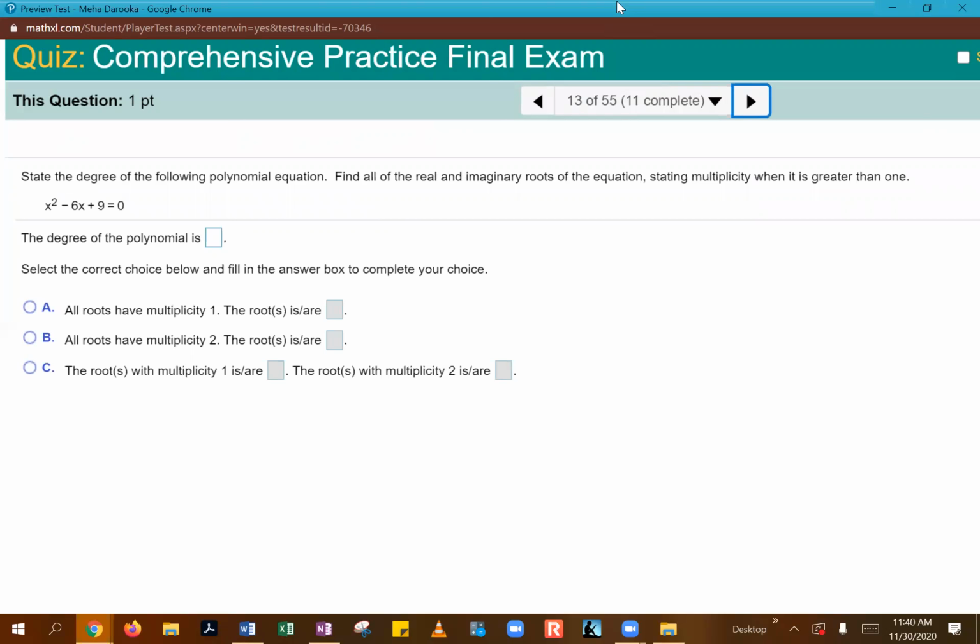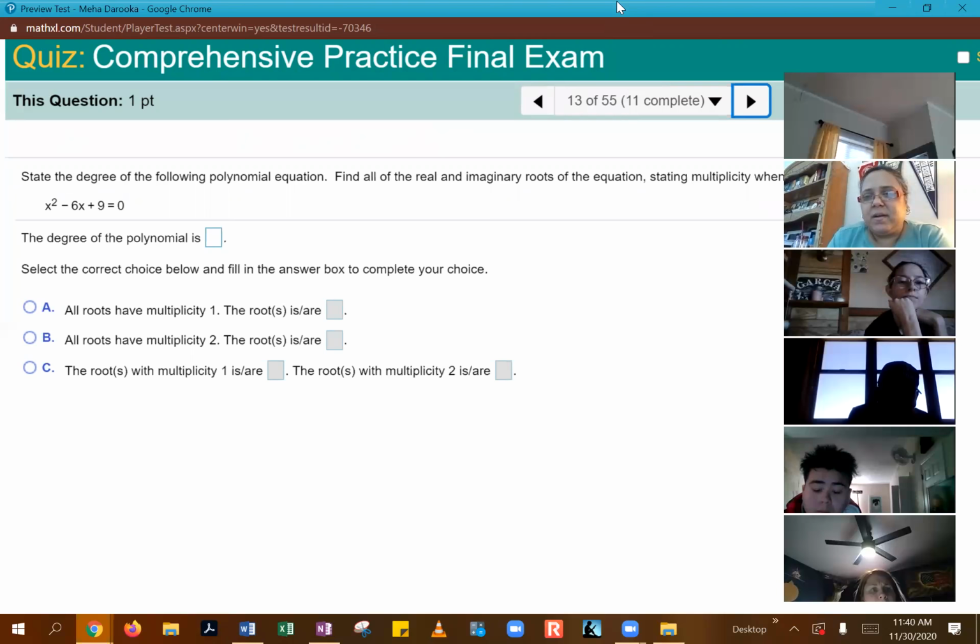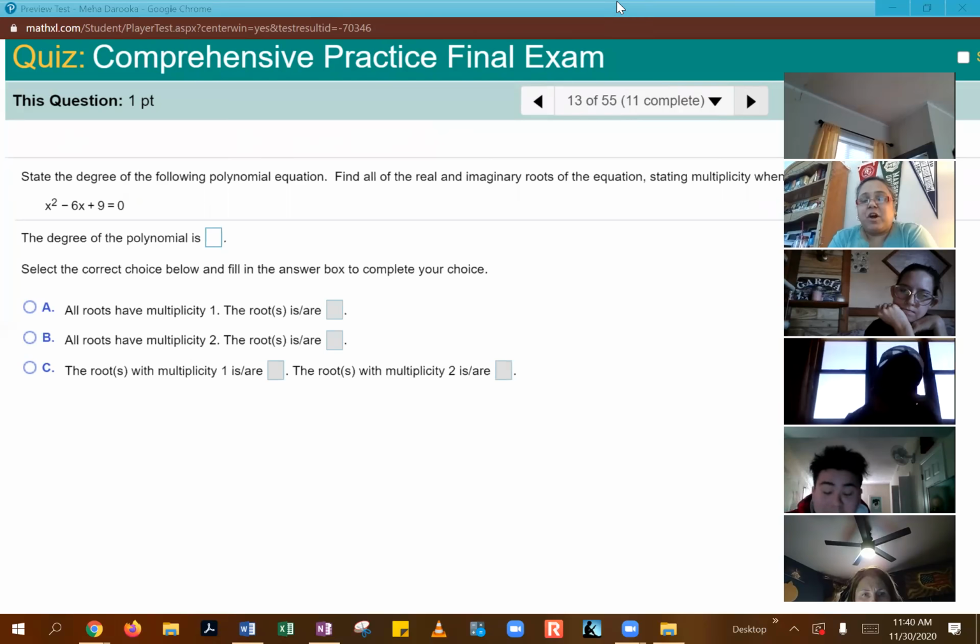What about this one? You guys okay with this one? It's asking you for the degree of the polynomial, and then it wants to know what kind of roots your polynomial has. So this is coming from chapter 3. The degree of the polynomial is second degree. Very good. So that would be 2 over here.